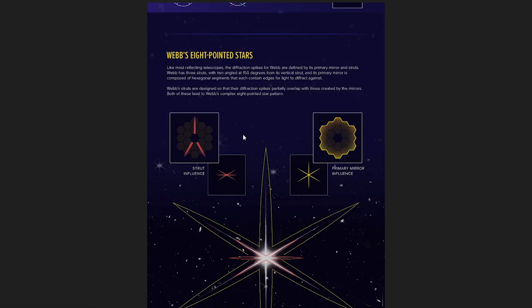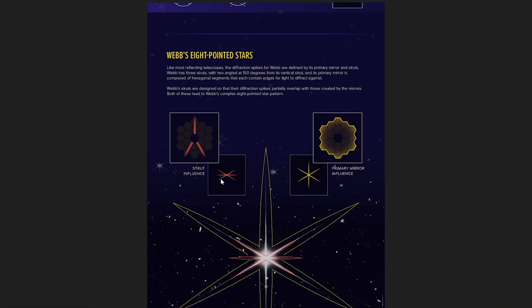The reason for the spikes is that the James Webb telescope is made of 18 small mirrors, and each mirror is in hexagonal shape. And then there is another strut which is also in front of these mirrors.